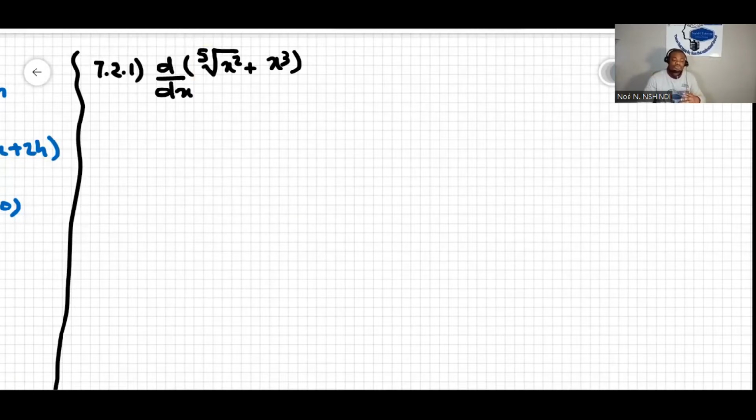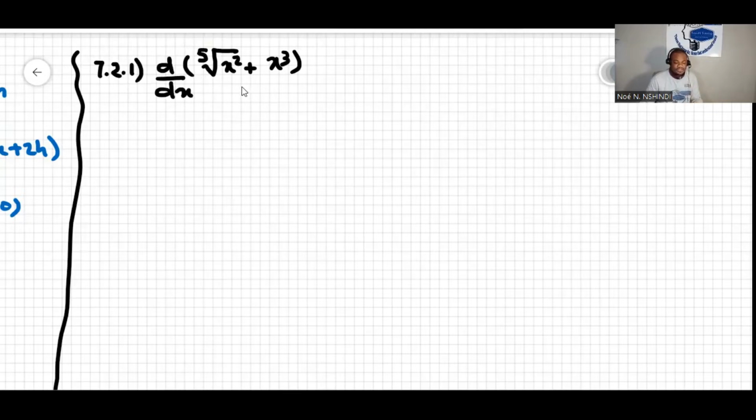I know it's going to be difficult for us, especially from the grade 12 knowledge of rules of derivative. It's going to be quite difficult to differentiate the function the way it is. What I suggest is to transform the function, to write it in an easier way to differentiate.